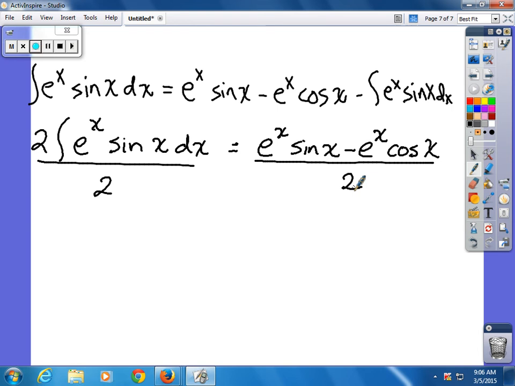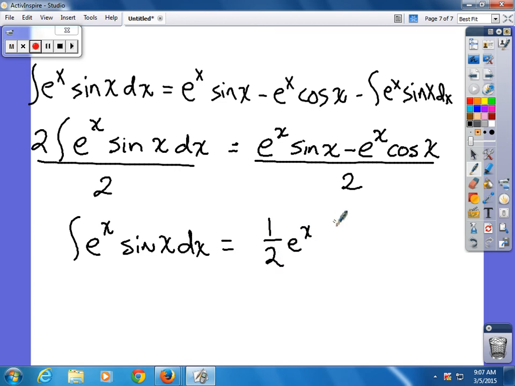So the antiderivative of e to the x sine of x dx is equal to, and you can make that 1/2 come out and factor out an e to the x, 1/2 e to the x times sine of x minus cosine of x.